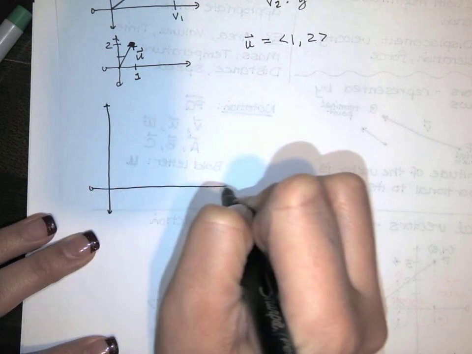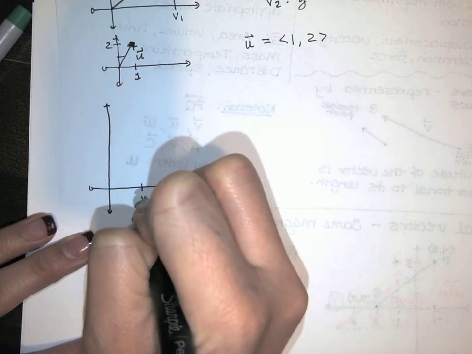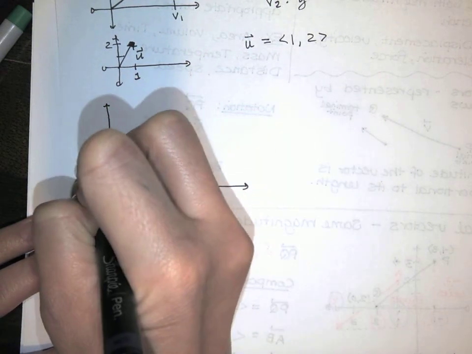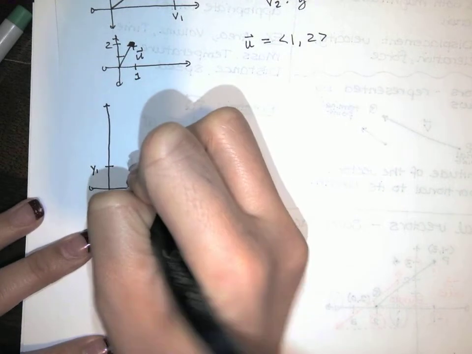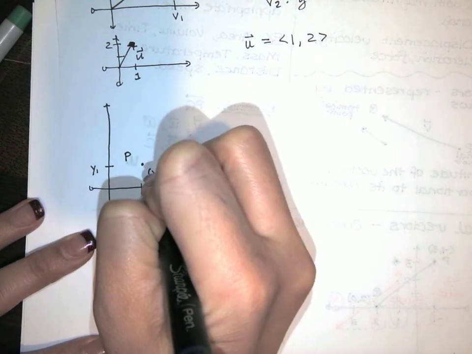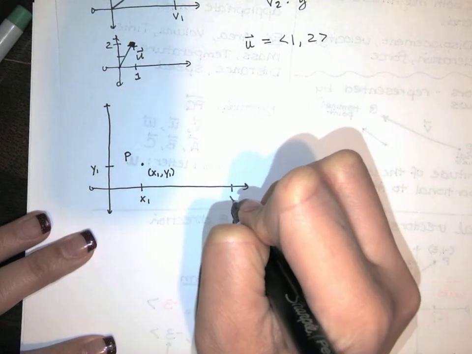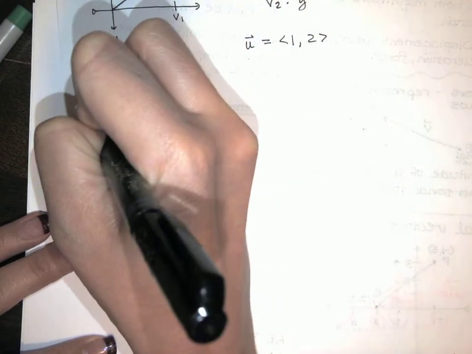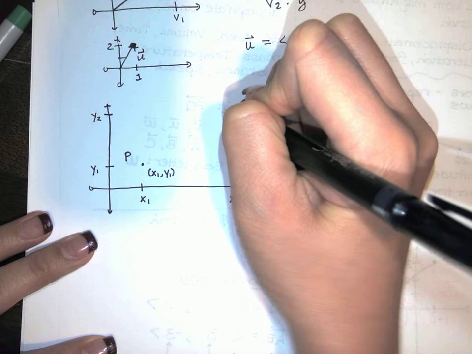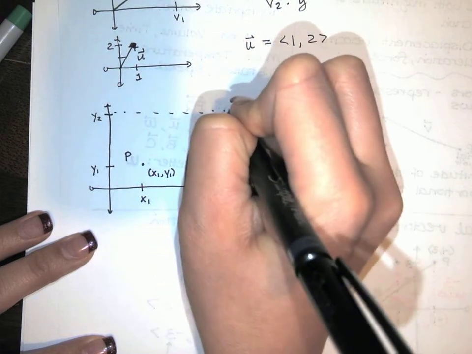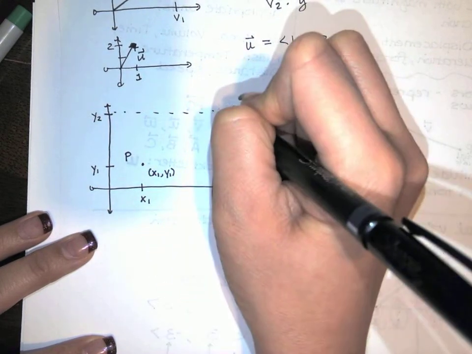Now let's say you have a point P. It's located at x1, y1. And you have another point Q at x2, y2. Oops, that's what it's supposed to be anyway.